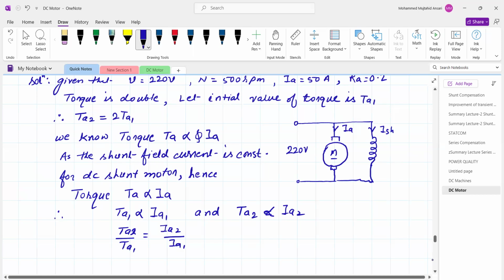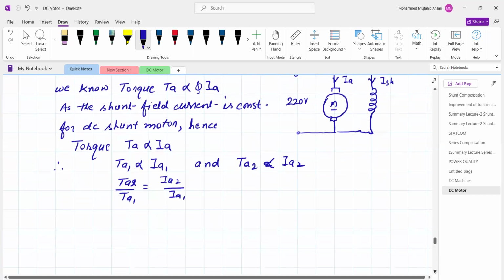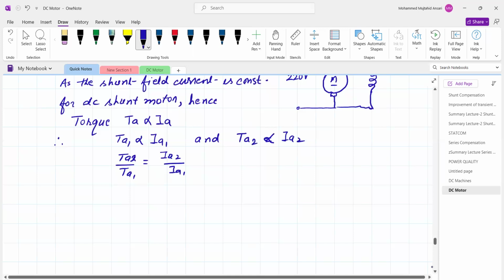Now put the values: TA2 is twice TA1, so 2 is equal to IA2 divided by 50 ampere, the initial armature current.